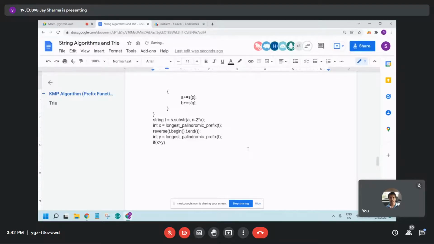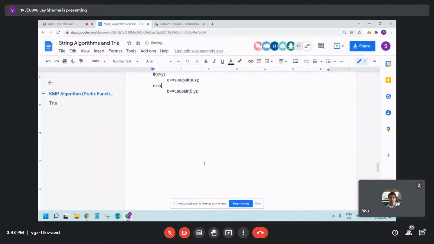If that is the case, we will add a plus equal to s dot substring a comma 0. We can simply add that. Else, we will add to b. What should we add to b? t was storing the middle part and we reversed it. So basically we have to add t dot substring 0 comma y.